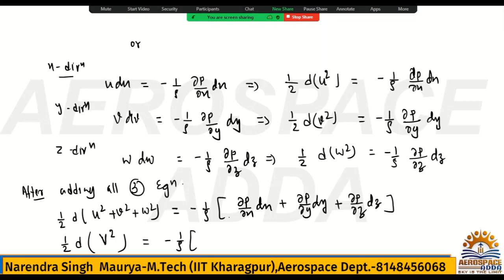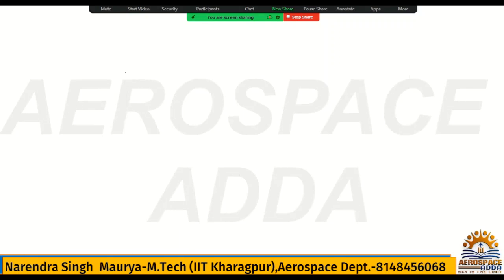If you know the total derivative concept, this is the partial one. If you write the total, then it will be 1 by rho into dp. How can you write this whole thing? You can say p is a function of x, y, z.